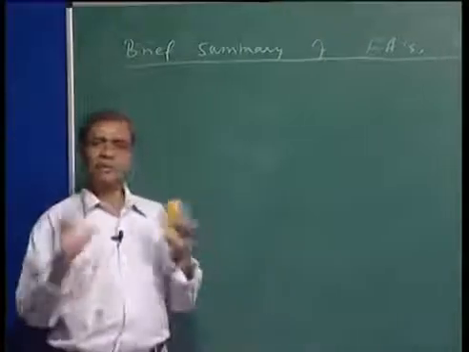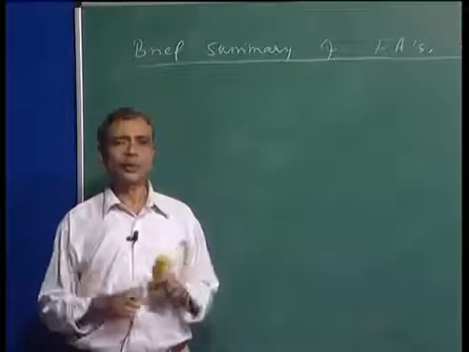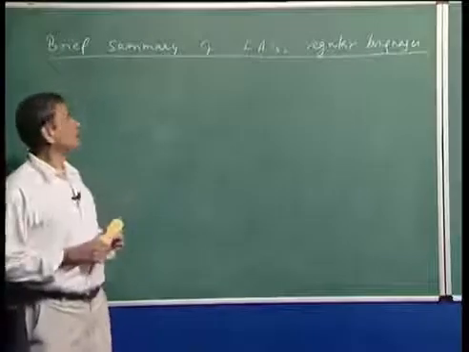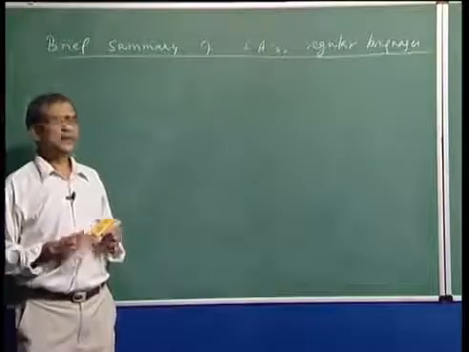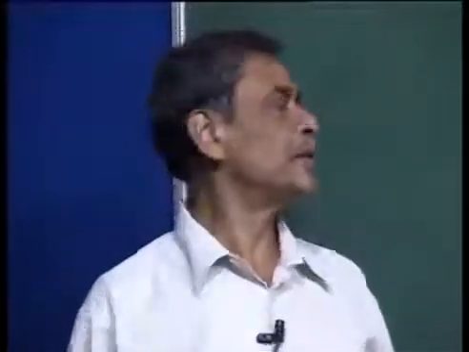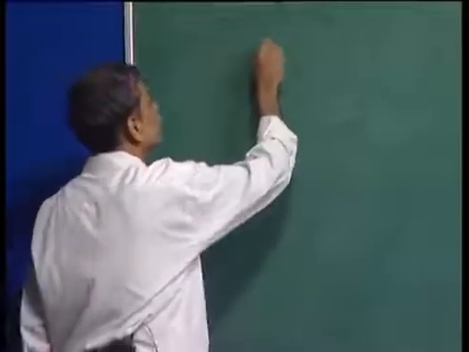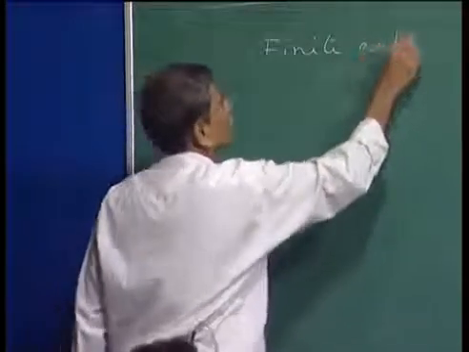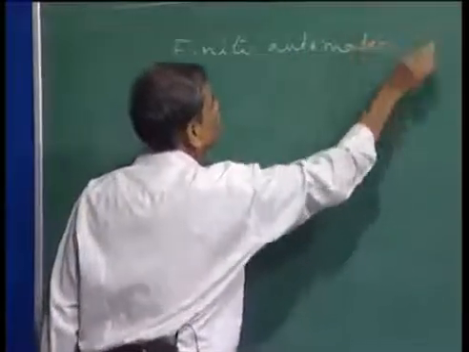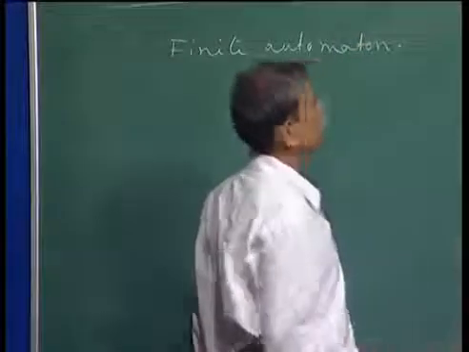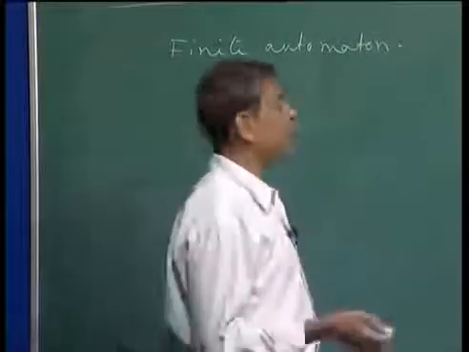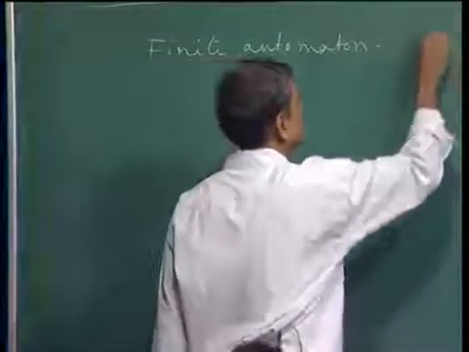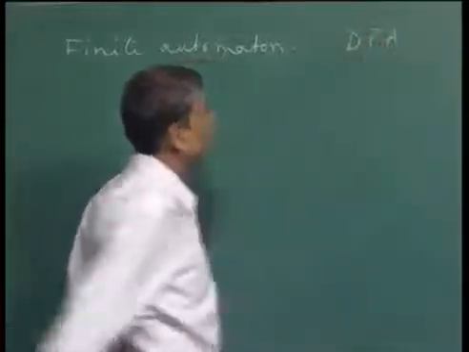We have completed all that we wanted to say about regular languages and finite automata. So, this is a time for a very quick recapitulation of what we did in all these many lectures. First of all, of course, we defined the notion of finite automata, and our first introduction to automata was the deterministic version of finite automata, which we call DFA.